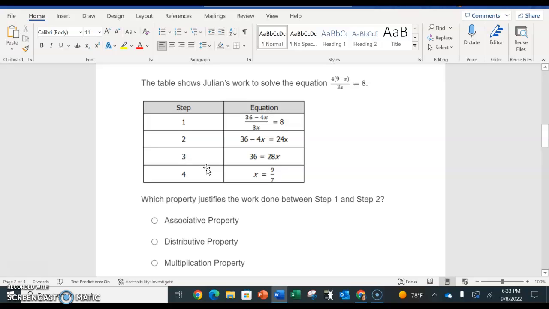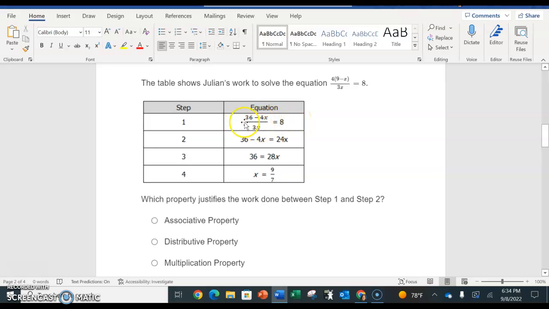All right, the table shows Julian's work to solve the equation 4 times 9 minus x divided by 3x equals 8. Which property justifies the work done between steps 1 and 2? All right, so steps 1 and 2. So it looks like here they go to 24x, so it looks like they're going to get rid of the fraction first. So multiply both sides by 3x.